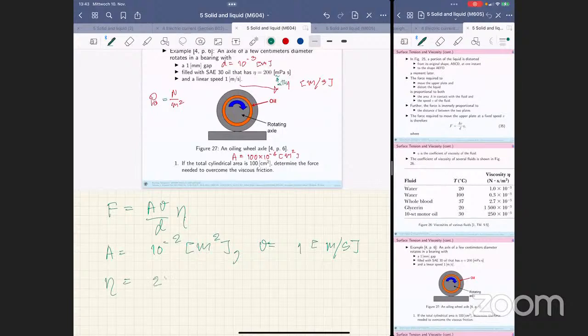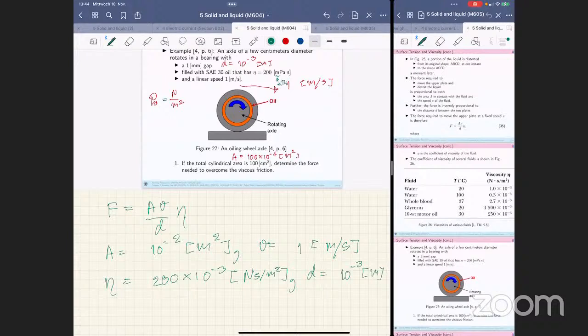So it's 200 times 10 to the -3, and the unit in standard form of viscosity is Newton second per square meter, right? And the last one is the distance D, the gap, right? The gap in the yellow area here. And you could see that D is 1 millimeter, or in SI system 10 to the -3 meter, right?